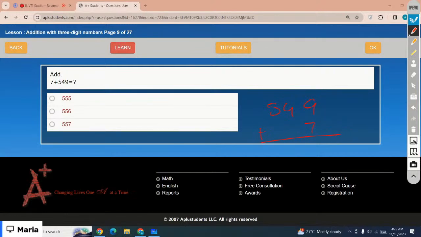So 9 plus 7 is 10, 11, 12, 13, 14, 15, 16. You have to write 6 and carry 1. 4 plus 1 is 5, so that would be 556. Got it? The correct option is 556.